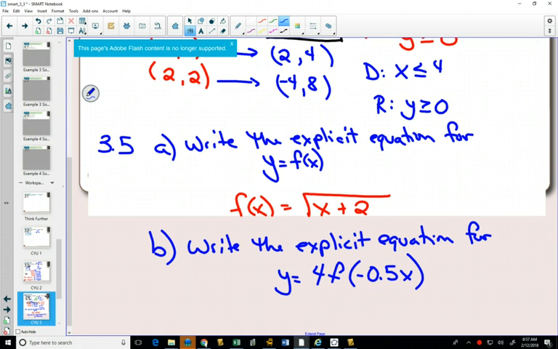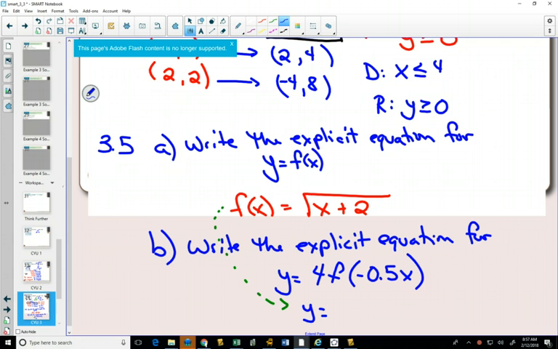So how do I go from what I know f of x is and use that to figure out 4f of negative 0.5x? Again, whatever's outside the function is just going to stay as you see it. So here I'm going to have 4 times f of negative 0.5x.